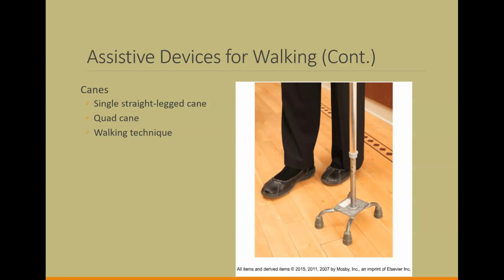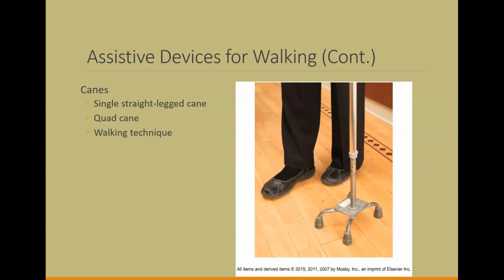The patient can place the cane forward, and he or she moves the weaker leg to the cane, which divides the body weight between the cane and the stronger leg. So they always move the weaker leg to the cane, and then the patient advances the stronger leg past the cane.